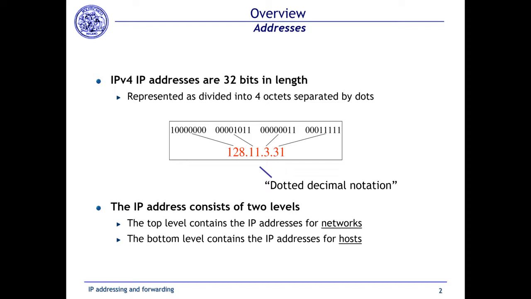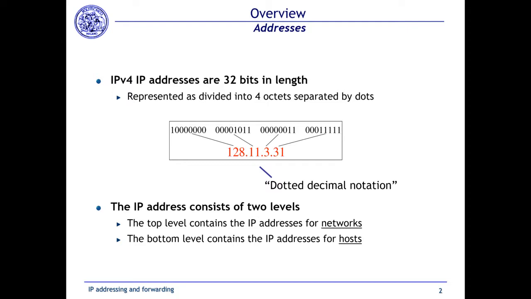IP addresses are split into two parts. One is dedicated to the identification of the network, and the second part is dedicated to the identification of a specific host inside the network. The part dedicated to the network is always the one that starts with the most significant bit or the most significant byte.